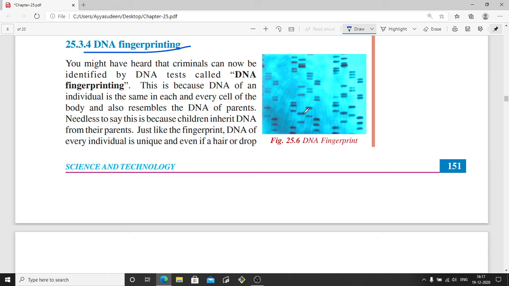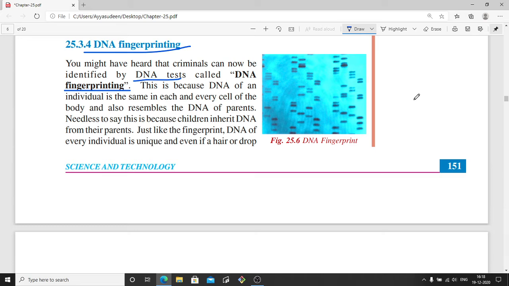In the police industry, to find out criminals, they do a DNA test, which is called DNA fingerprinting. Just like in the past, they used to have a fingerprinting method through which they found out the criminals.